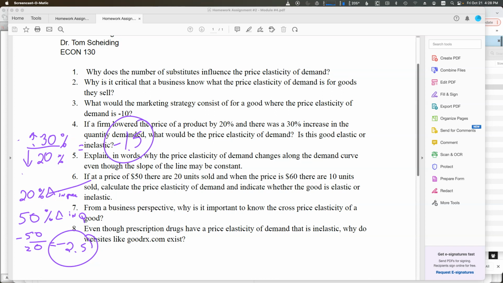Why is it important to know the cross-price elasticity for a good when you own a business? Well, in general, what that would mean is that I can think about what my pricing and marketing strategy is going to be based on the other things that consumers buy when they buy my good.